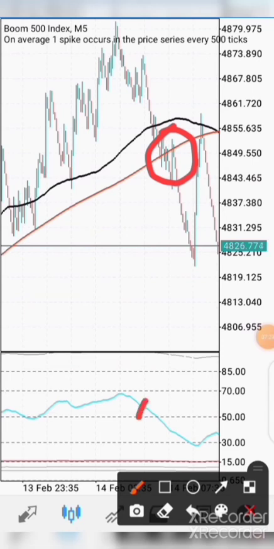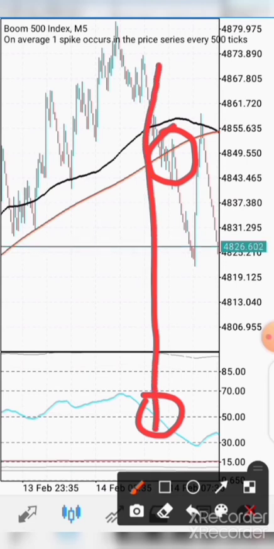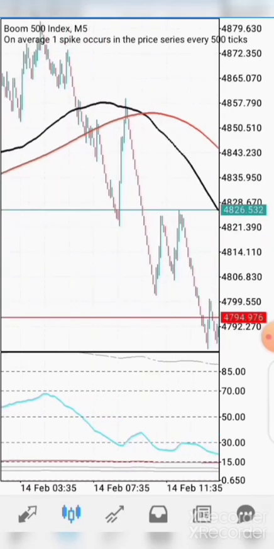So I would even close earlier. Look, once it crosses this level 50 of your RSI, I will close. So I will close around here. So you see how good this strategy is.